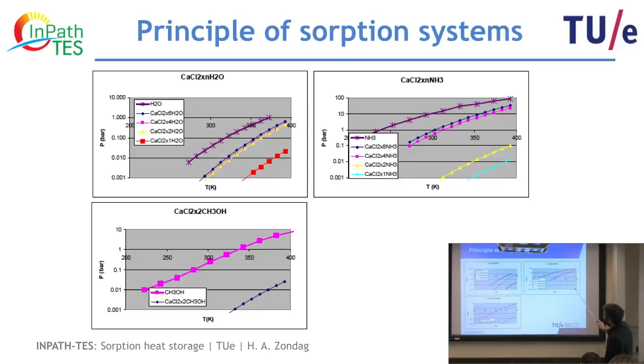And ammonia, so calcium chloride monoammoniate, the diammoniate, 4 ammoniate, 8 ammoniate, and the ammonia line. So you can see it's all basically the same thing, but it depends on what sorbate and what sorbent you are having. The sorbate is the vapor, the sorbent is the material that absorbs the vapor.